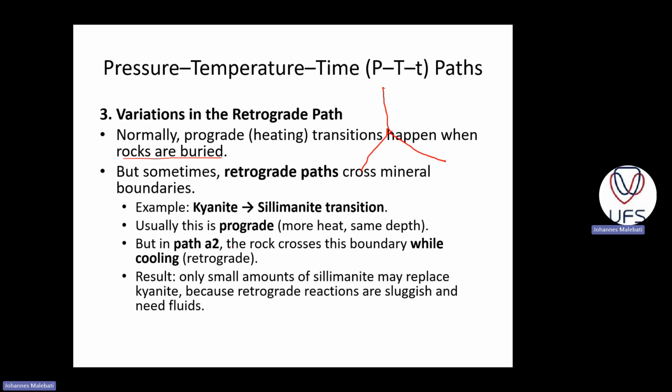But in path A2, which I'll show you, the rock crosses this boundary while cooling. So you'd find that you are crossing this boundary, and then after that, cooling takes place. This will be the graph: this will be temperature, this will be pressure, and this one will be depth. So this will be crossing this transition and at the same time cooling.